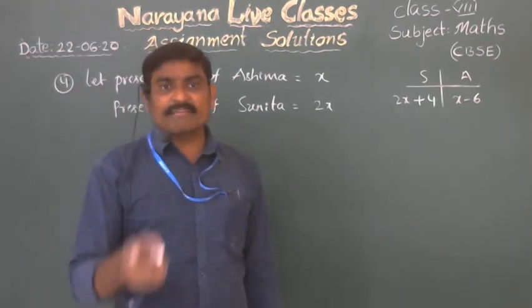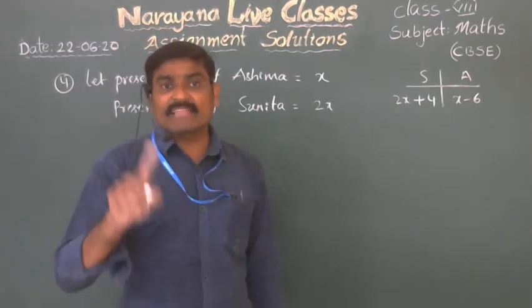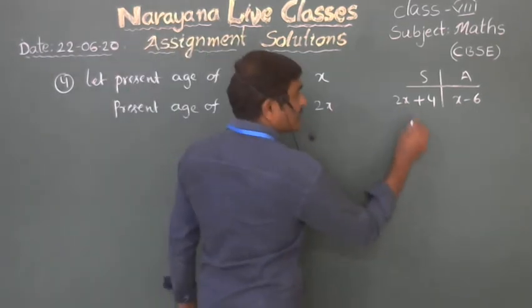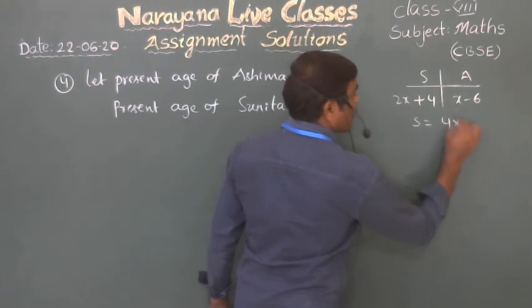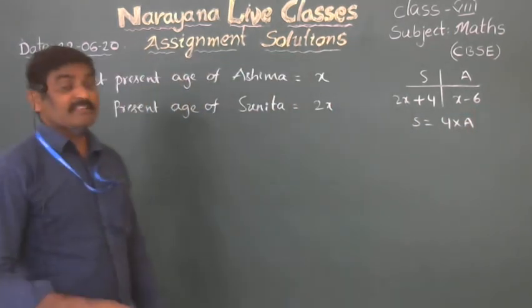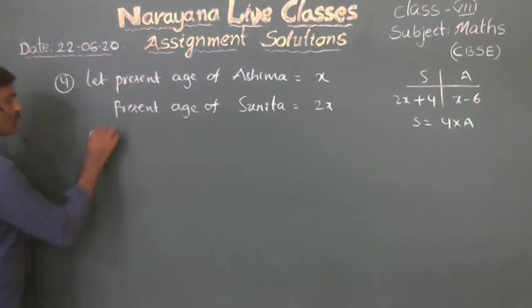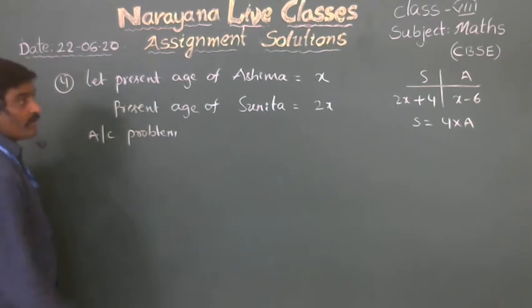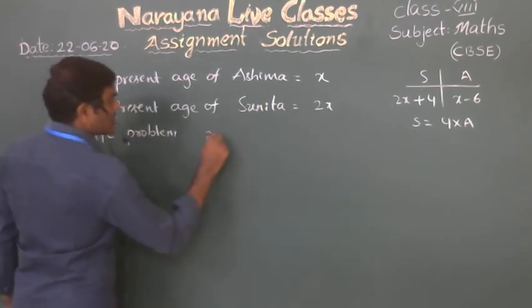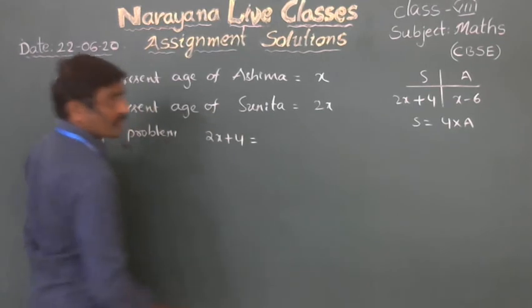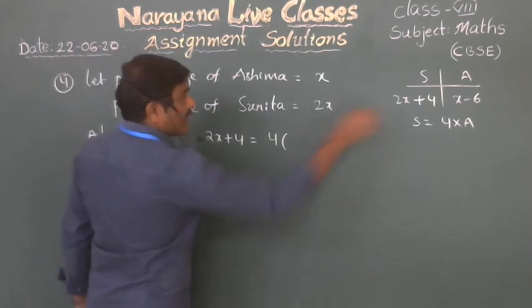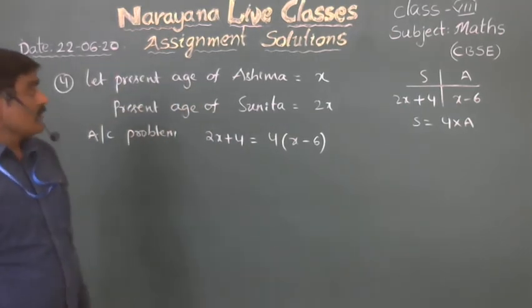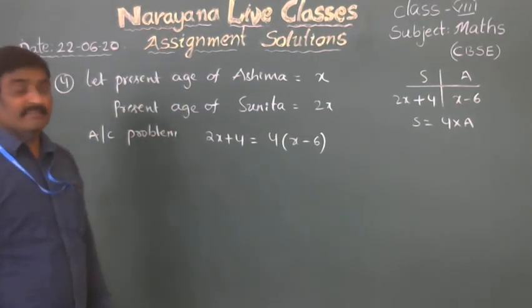Then, in this case, Sunita will be 4 times Ashima's age. That is the question. So we can write according to the problem, 2x plus 4 is equal to 4 into x minus 6. So let us simplify this equation.